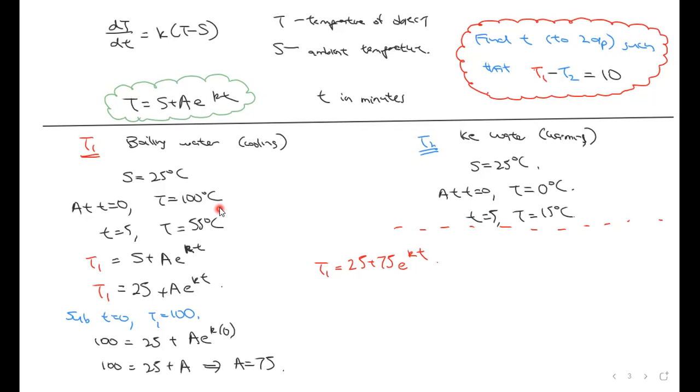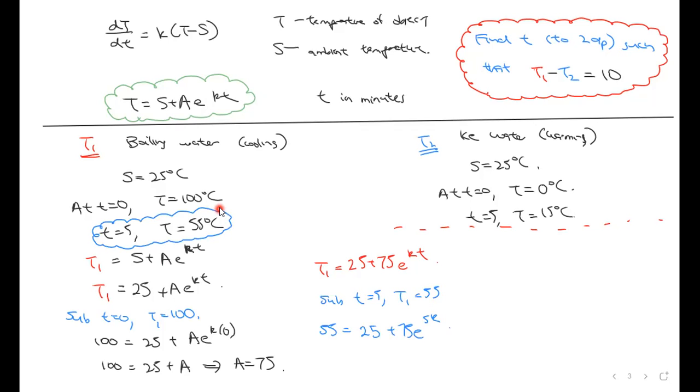I will now sub T equals 5, T1 equals 55, meaning 55 equals 25 plus 75 e to the 5k. You'll notice it's all numbers here, except for k. So we will basically be able to solve for k.